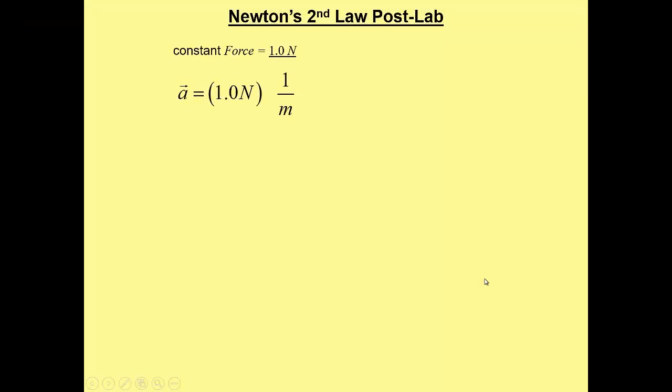All right, we got a relationship like this just earlier in this video. The acceleration is 1.0 newtons, when we reduce the units, times 1 over the mass. In this part, we kept the force constant at 1.0 newtons. Our general math model still says the acceleration equals our constant z times the force times 1 over the mass. Let me rewrite it to look more like this.